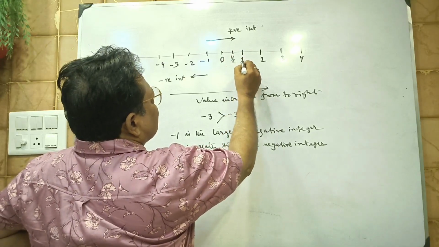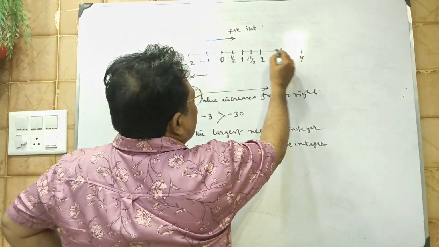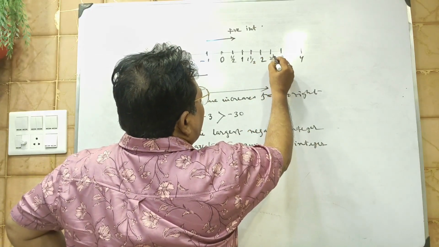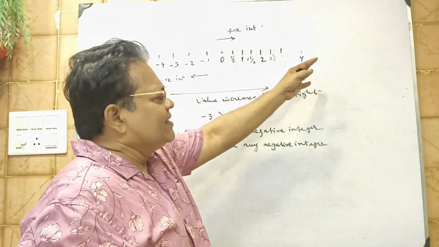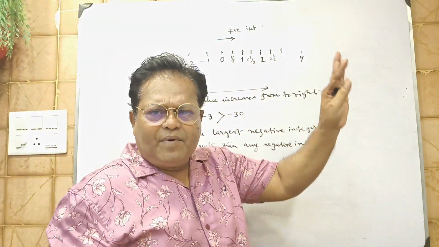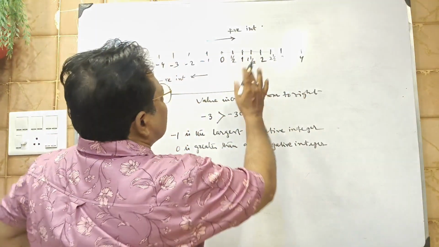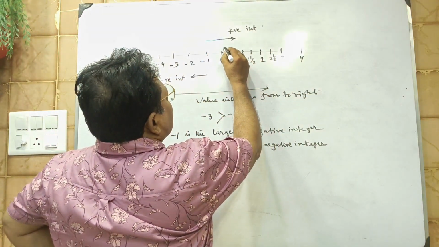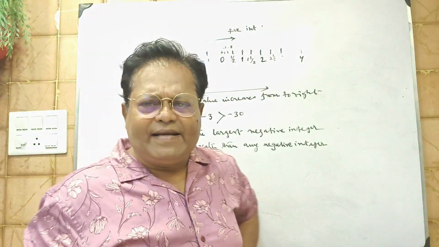It is half. What is the middle of 1 and 2? 1 and a half. Middle of 2 and 3, 2 and a half. So in this way you will get the fractions. That is all types of rational numbers. Suppose it is 0.1, it is 0.2, here you can identify.